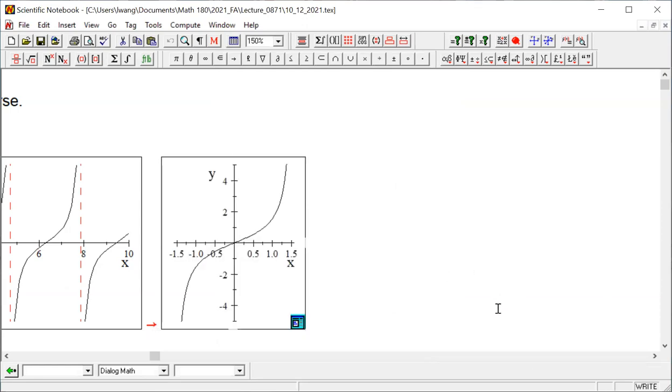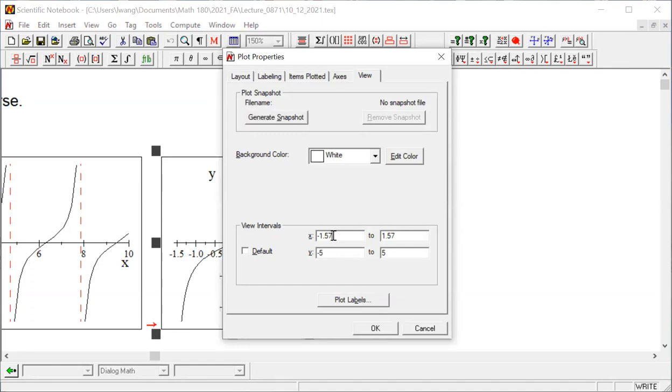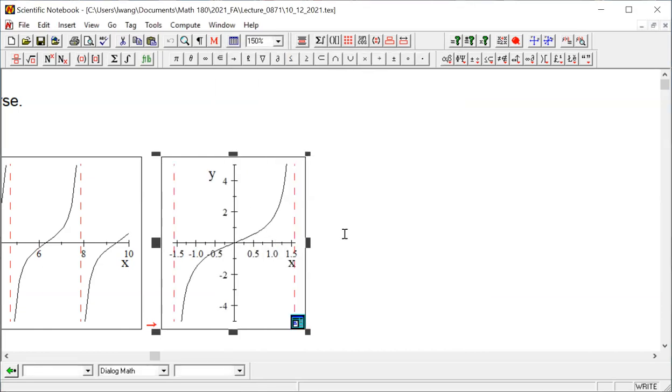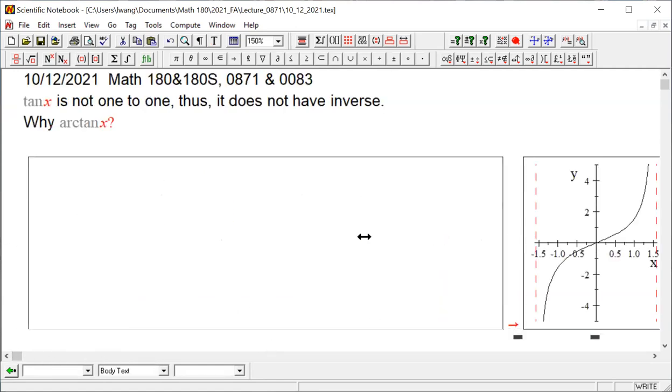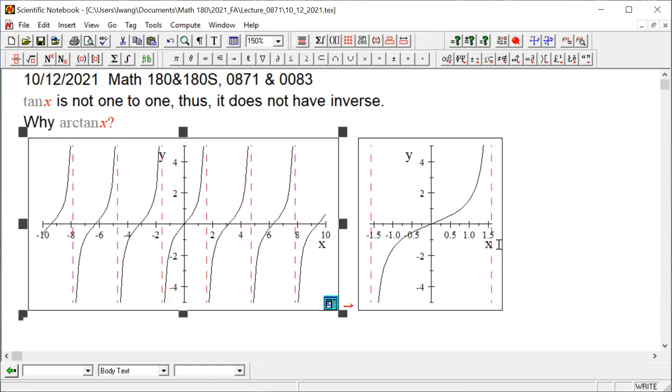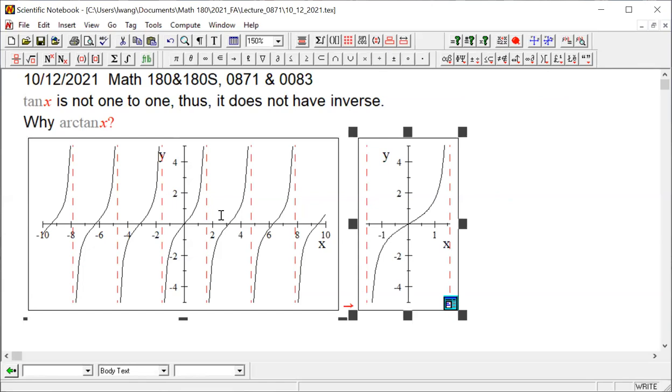So this is the consequence. If I also want to include the vertical asymptote, this is the consequence of truncation. You guys follow me? So that I put everything in the same view. So that's the chop.